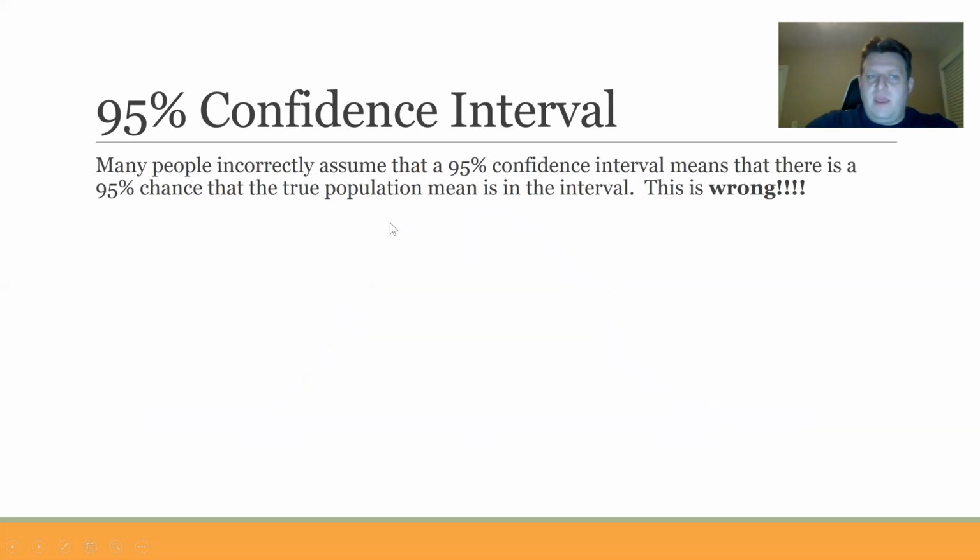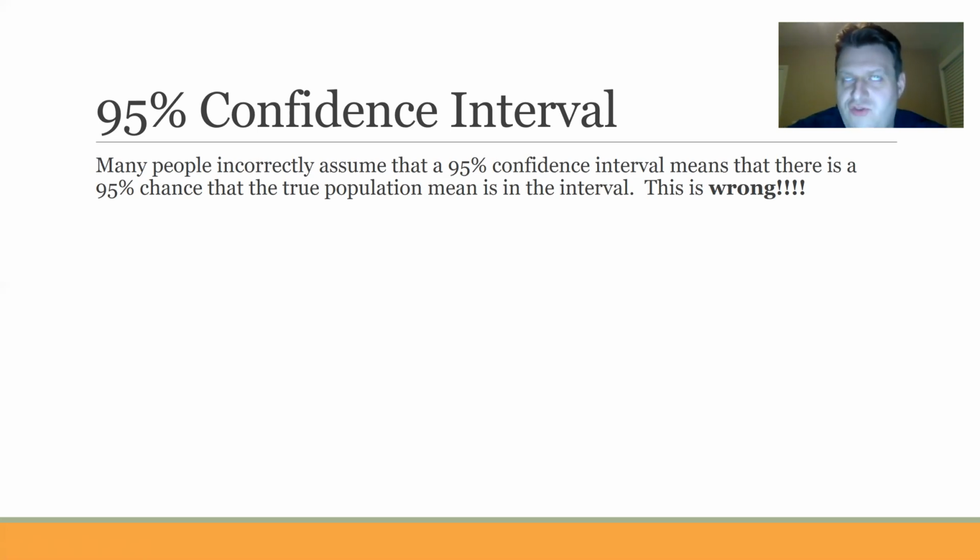There are many incorrect interpretations of the confidence interval that I want you to look out for. This first one is the most subtle. Many people incorrectly assume that a 95% confidence interval means that there is a 95% chance that the true population mean is in the interval. This is close to correct, but isn't actually correct.